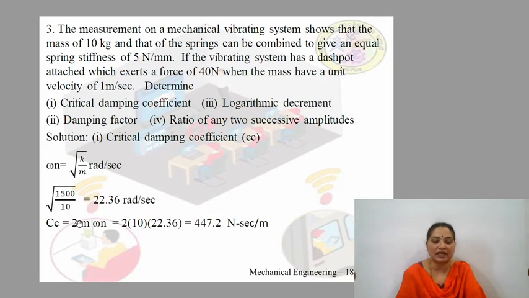Now using the value of omega n and the value of mass, we can find out the critical damping coefficient Cc, which is nothing but 2 into 10 into 22.36, that is 447.2 Newton second per meter.